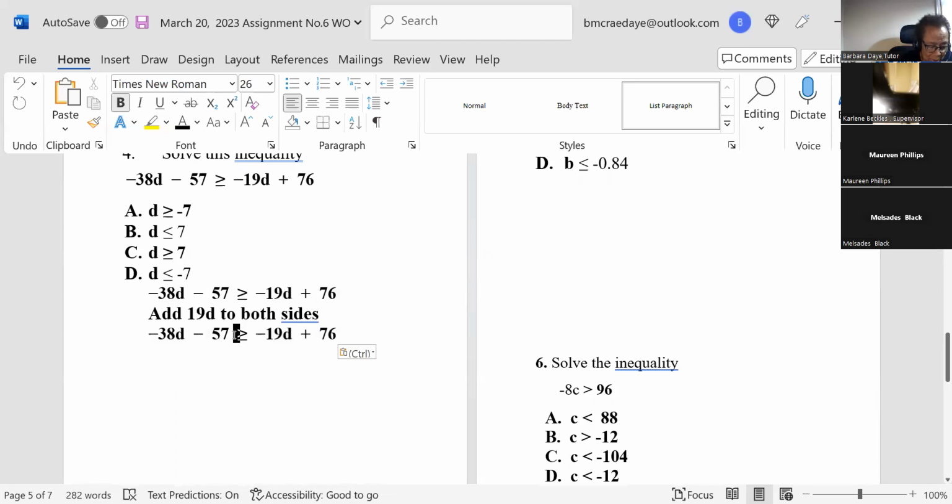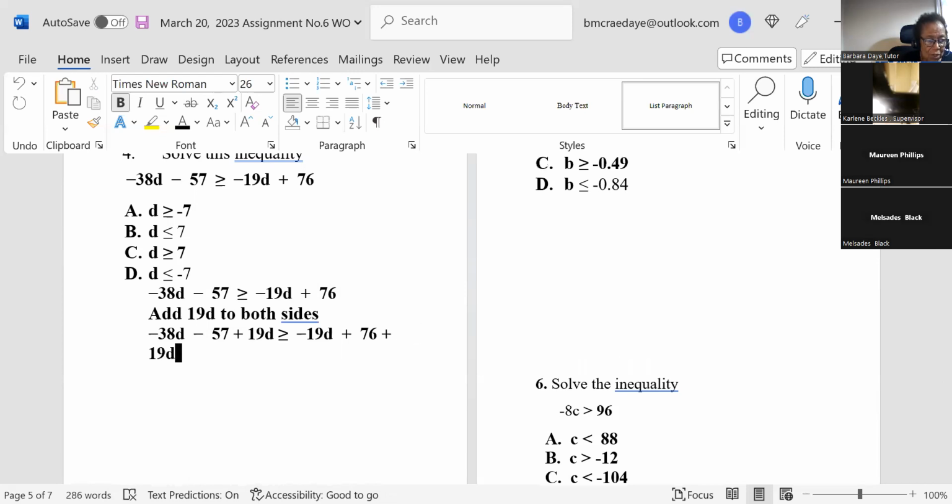So let's just put plus 19D. And do the same on the right side. To stay in balance, you have to do the same thing to both sides of your equation, right? So that's plus 19D.